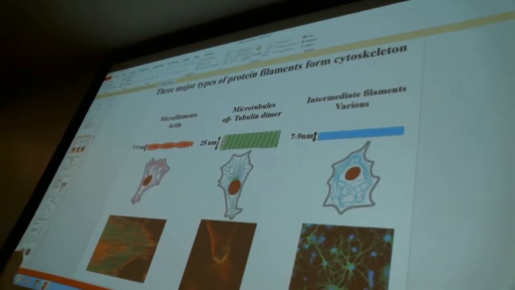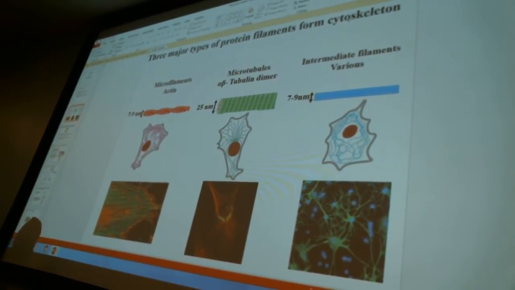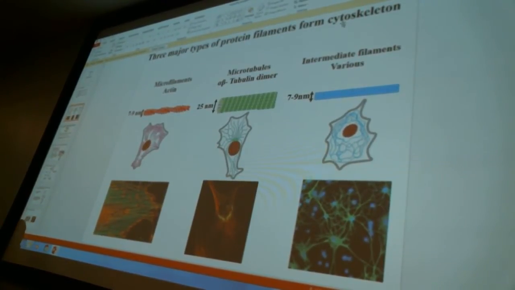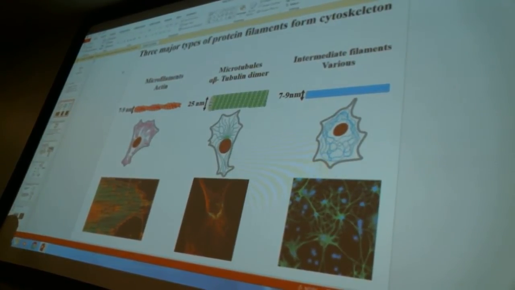If we look at the different types of protein filaments constituting the cytoskeleton, we will find generally 3 major groups. Microfilaments, which are organized from single subunits of actin, a small globular protein.